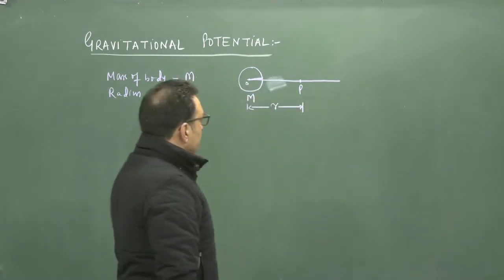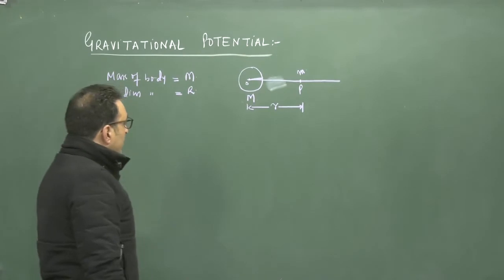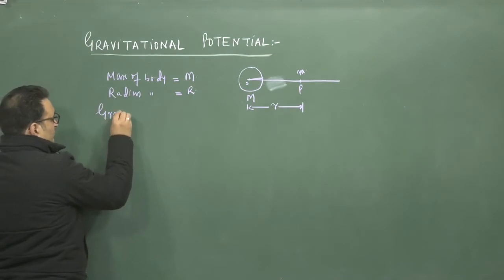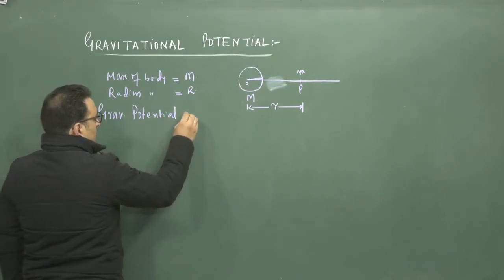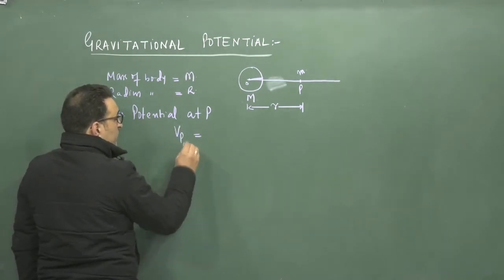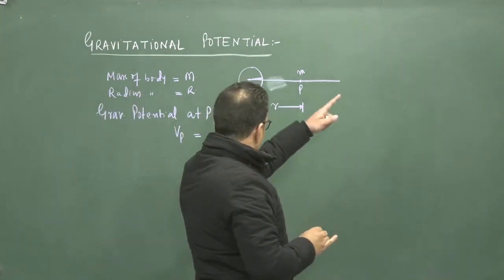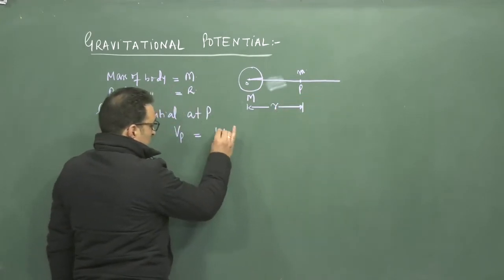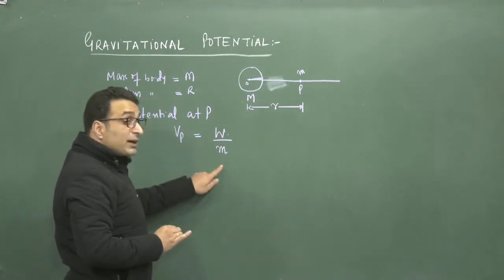Now let me put the body of mass m at point P. Then the gravitational potential at P will be Vp, equal to the amount of work done, that is W, in bringing the body from infinity to point P. Now we will divide this work done by the mass m, so Vp comes out to be W by m.